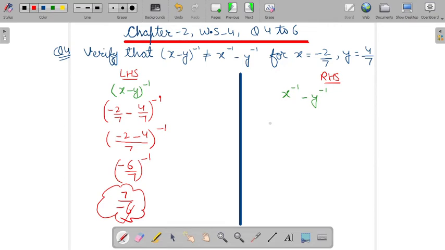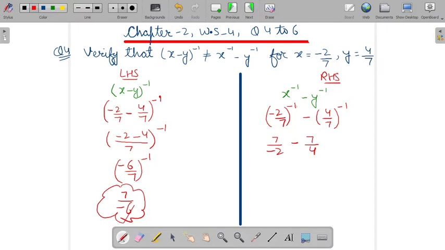Now come to the RHS. X inverse means you will first find the inverse of x, then minus, you will find the inverse of y. So x inverse and reciprocal minus y reciprocal. So the reciprocal of x, which is minus 2 by 7, would be 7 upon minus 2. And what about the reciprocal of 4 by 7? It would be 7 upon 4.